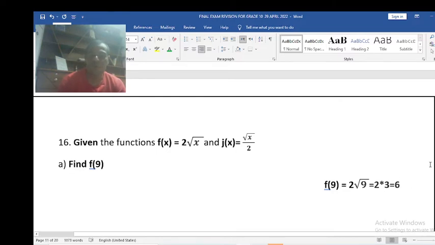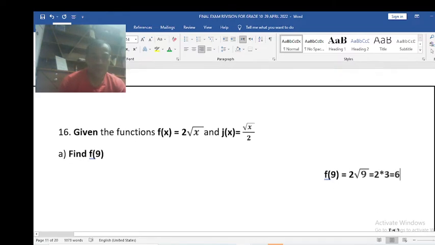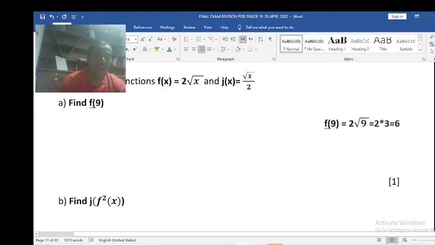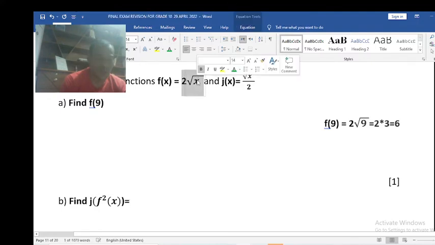Clear? For the next one, find the composite function g of f squared of x. I'm going to substitute x here by 2 times the square root of x.